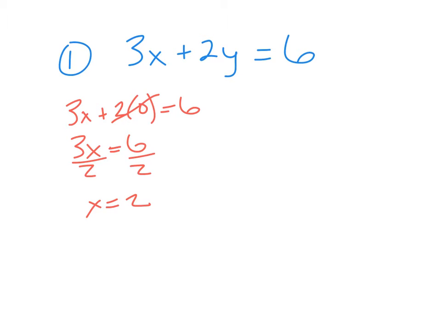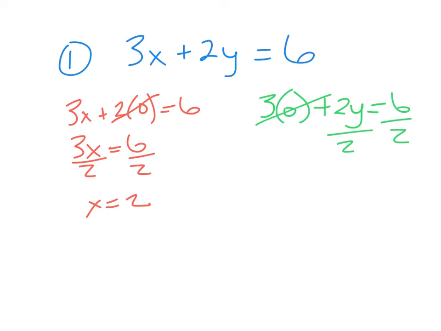Now to solve for the y-intercept, I plug the 0 where? Where the x is. Very good. So then that's gone. Divide by 2. y equals 3. So if it just wants you to solve for the x and y-intercept, you can come down here and write this as 2, 3 for the intercepts.